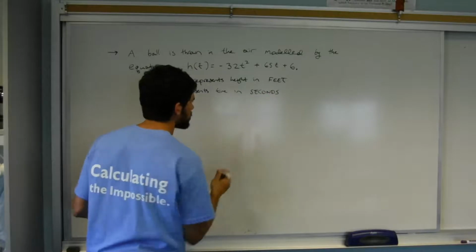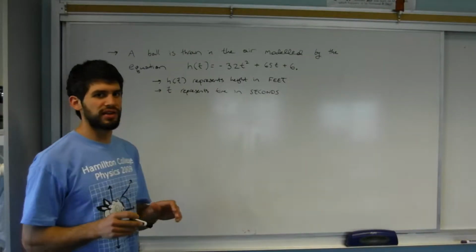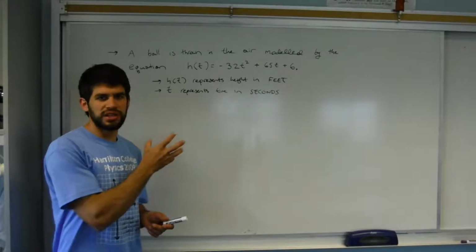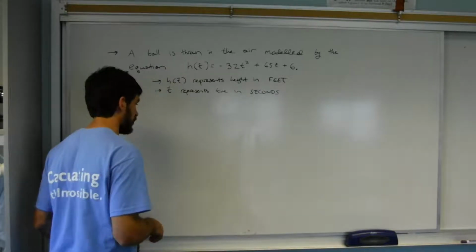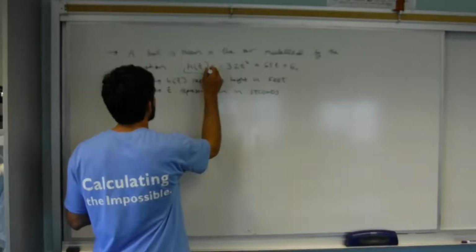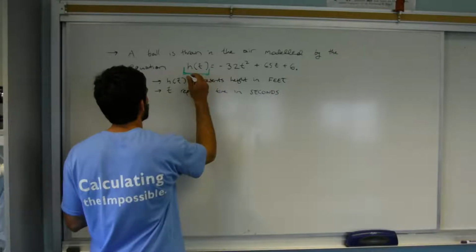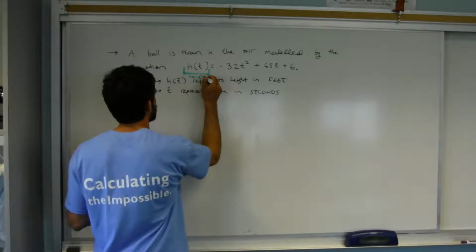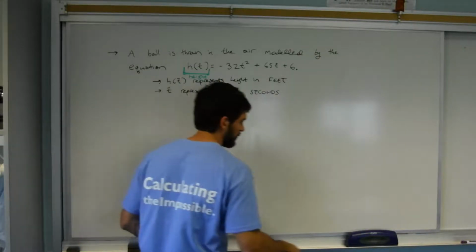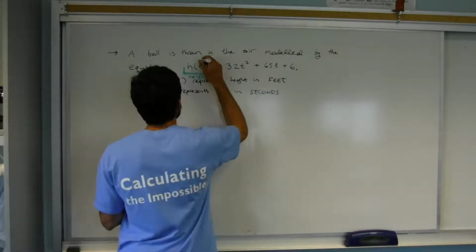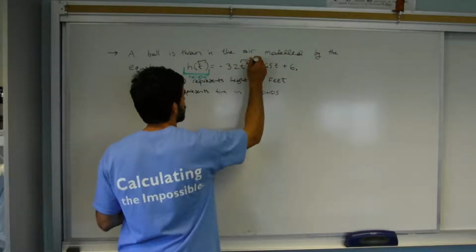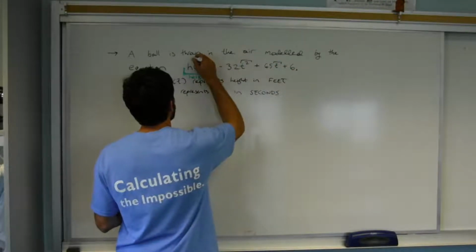So first off, we want to look at our equation and nail down what each variable represents. So h of t, this entire thing, represents the height, whereas just the t represents the time.